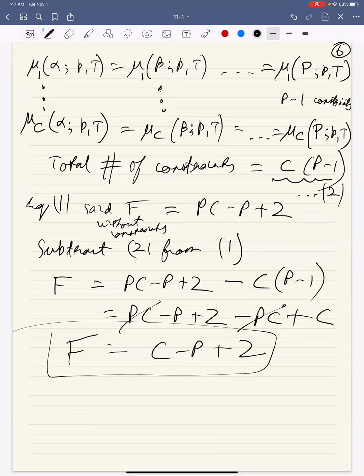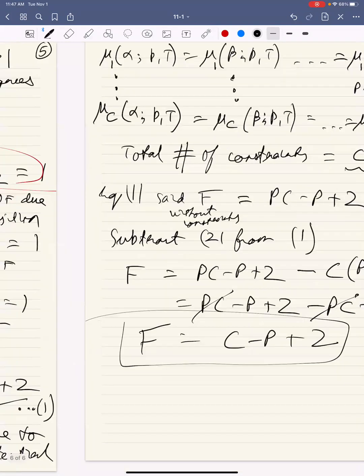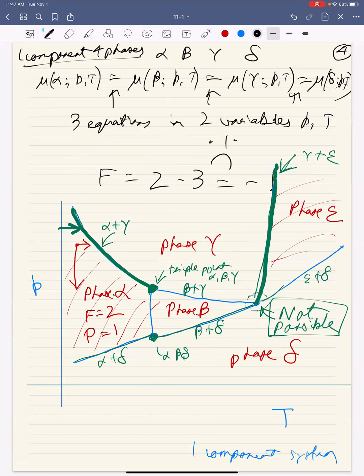I have a question. Going back to that phase diagram you drew, when you say that mu is equal for all phases at a pressure and temperature, how do you indicate that on the diagram? At this pressure and temperature, mu alpha is equal to mu delta.